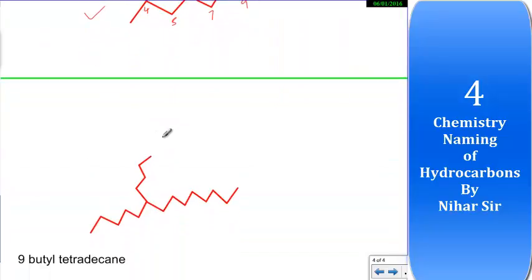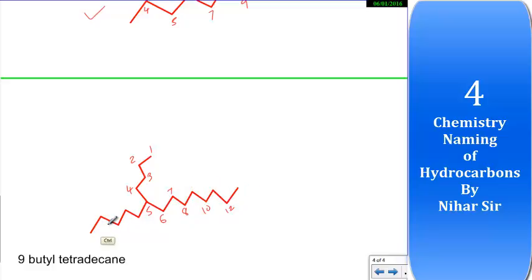Now let's come over here and find the longest chain. If I start numbering from here, 1, 2, 3, 4, 5, 6, 7, 8, 9, 10, 11, 12, 13. So there are 13 carbons, right? If I start calculating from the other side, then 1, 2, 3, 4, 5, 6, 7, 8, 9, 10, 11, 12, 13, 14.